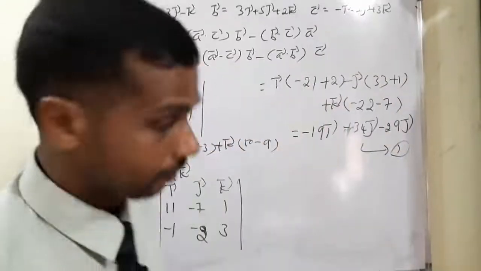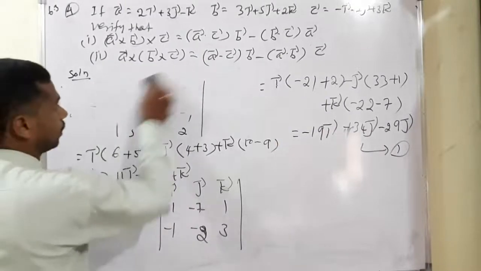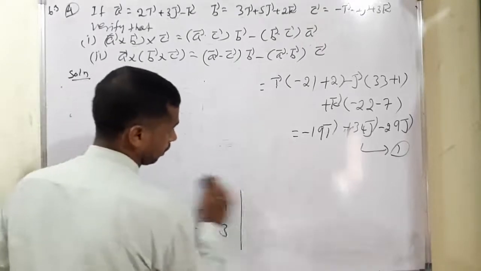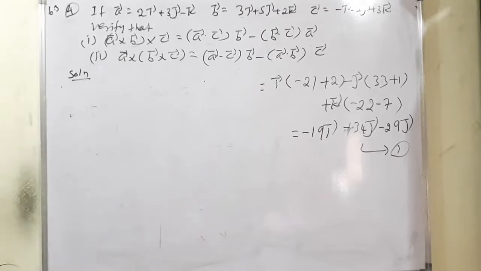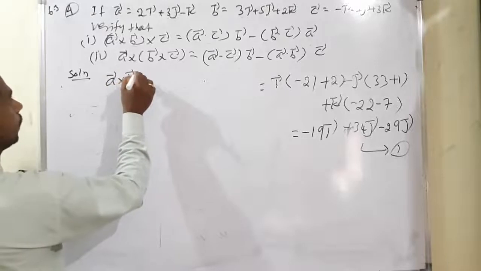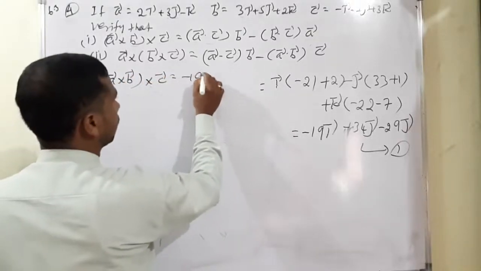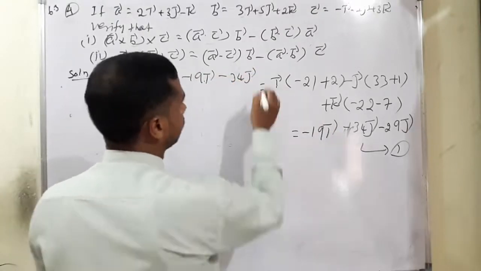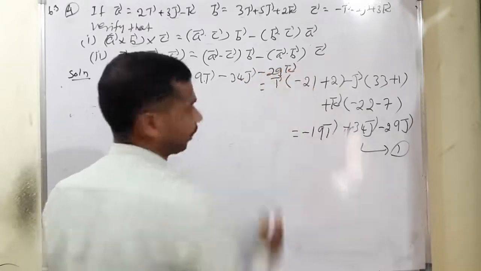Then next, the RHS. What is the value? A vector cross b vector cross c vector is equal to minus 19 i vector minus 34 j vector minus 29 k vector.